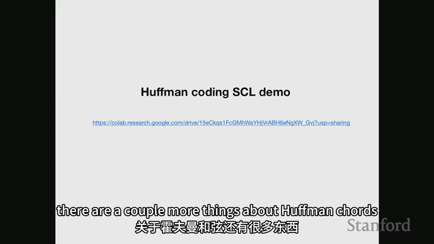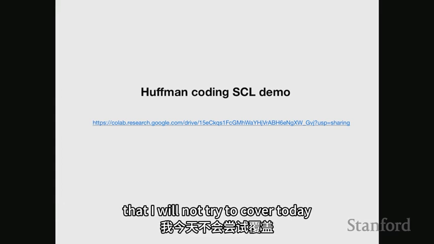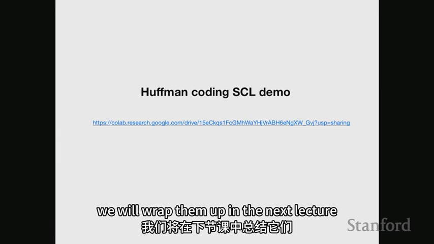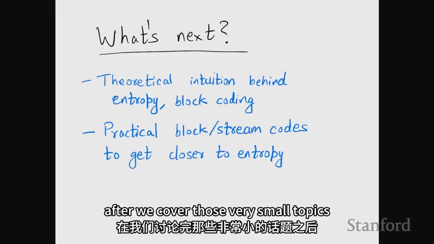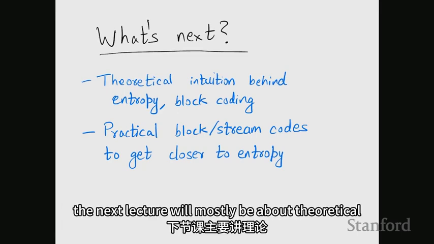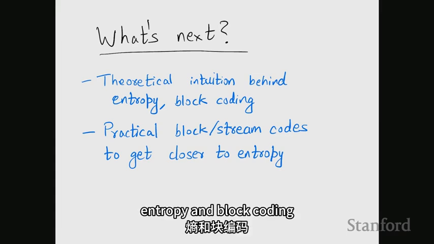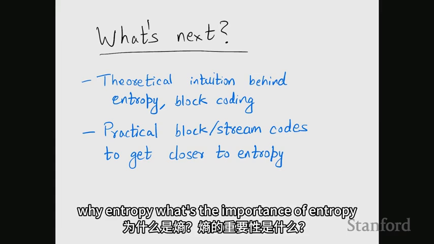Okay, so there are a couple more things about Huffman codes that we will not try to cover today. We will wrap them up in the next lecture. But after we cover those very small topics, the next lecture will mostly be about the theoretical intuition behind entropy and block coding. Why entropy? What's the importance of entropy?